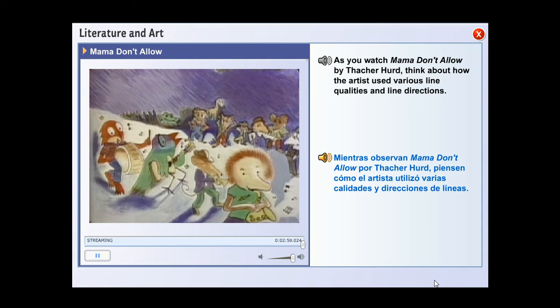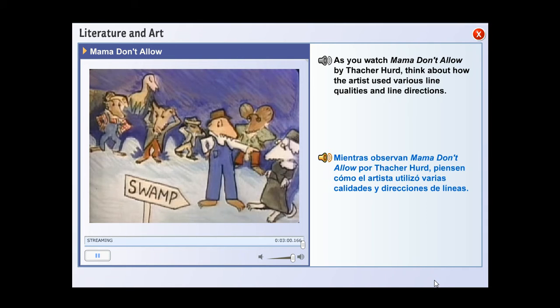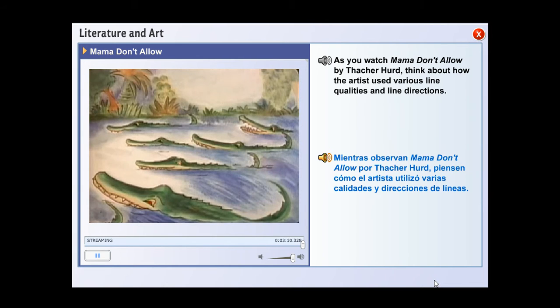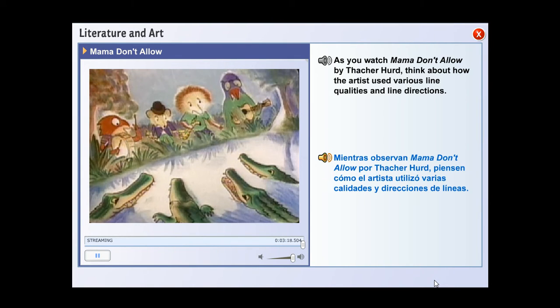Soon the whole town cried out, Swamp Band's playing in the swamp. But down in the swamp at the edge of town, the sharp-toothed, long-tailed, yellow-eyed alligators said, We love that Swamp Band music.